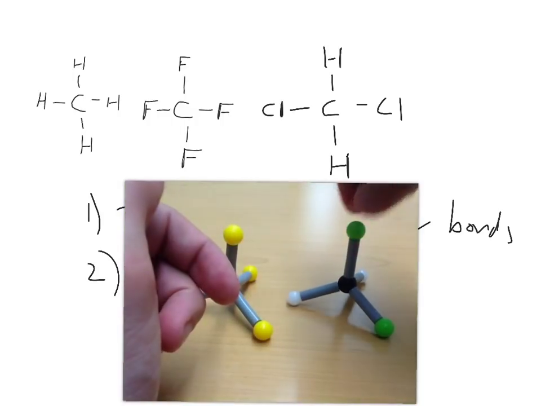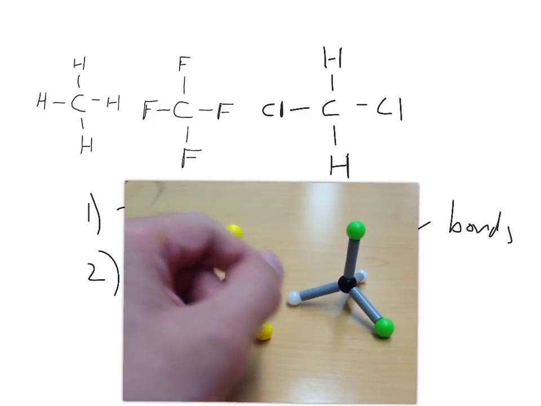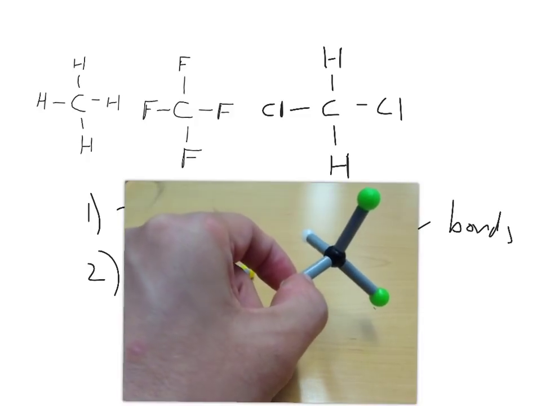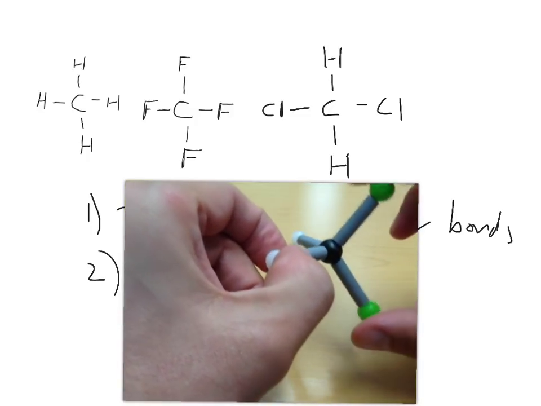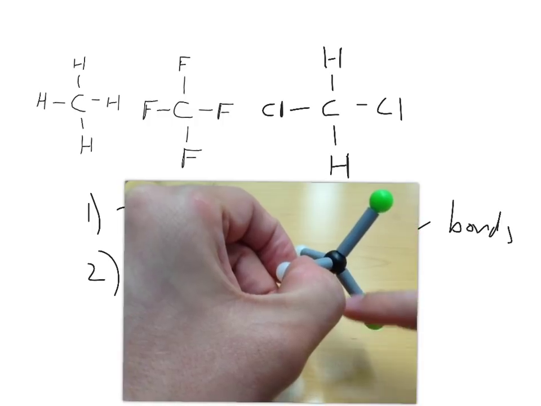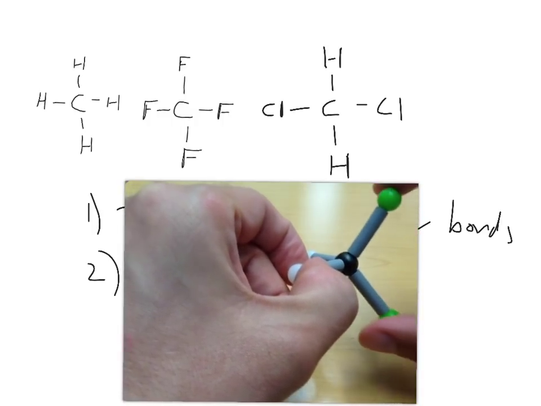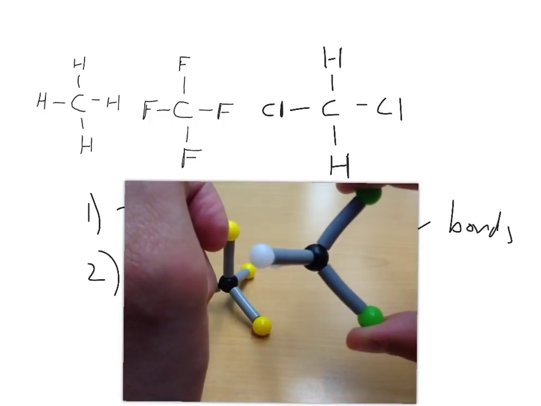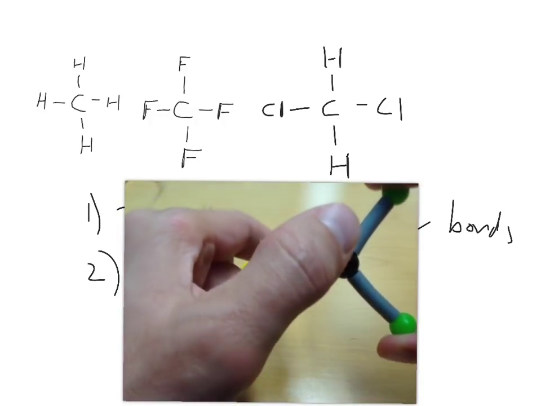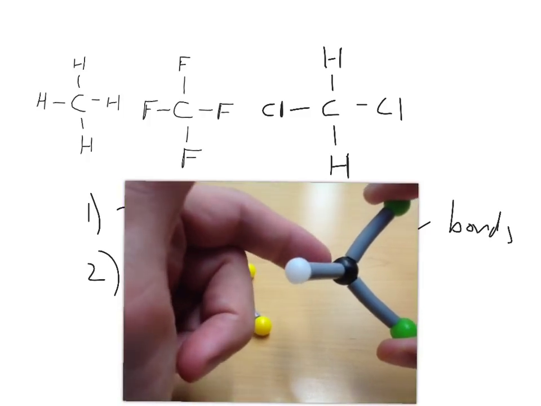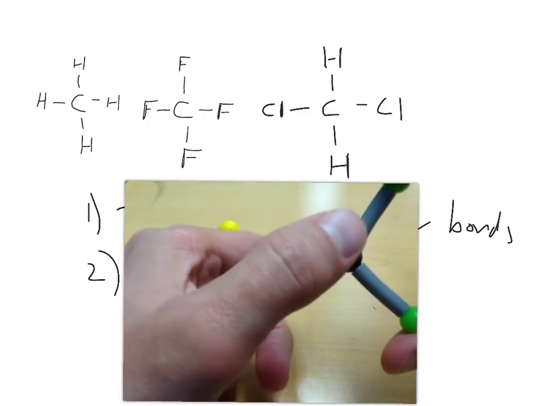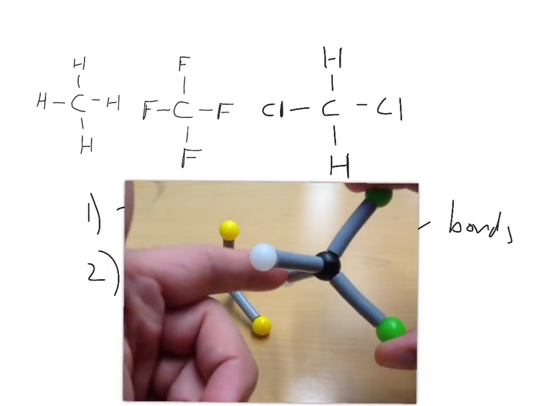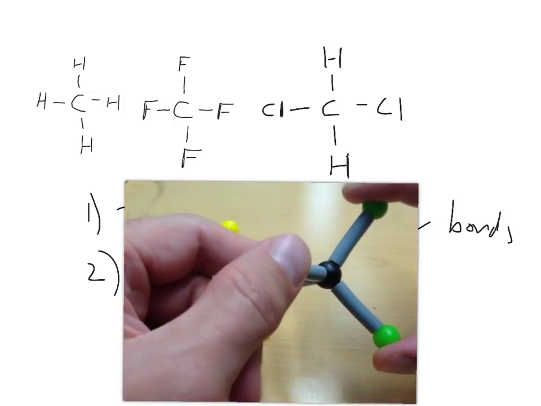In this molecule, the green spheres represent chlorine and the white spheres represent hydrogen. Chlorine is more electronegative than hydrogen. Same idea: a polar bond here, a polar bond here. So there is a net dipole moment to the right, the way that I'm holding this. These bonds are nonpolar, so there's no separation of charge on this side of the molecule to oppose it.